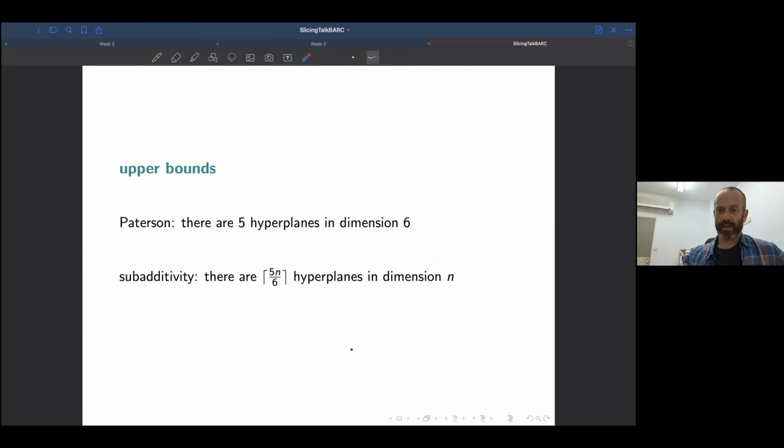This is by a very explicit construction that I did not show here. Now, after we have this construction, we can use it to get a gain in every dimension. In dimension n, we can partition the n coordinates into roughly n over 6 buckets of size 6 each.